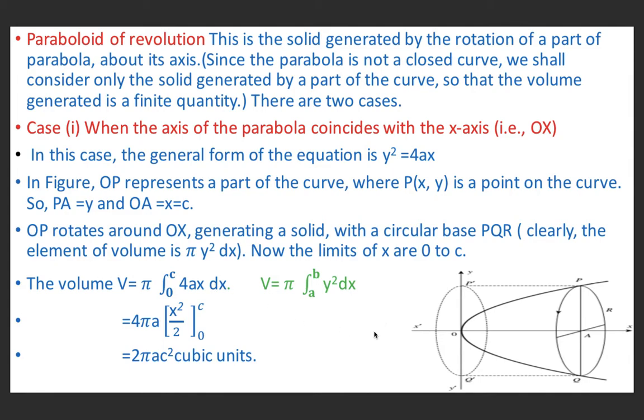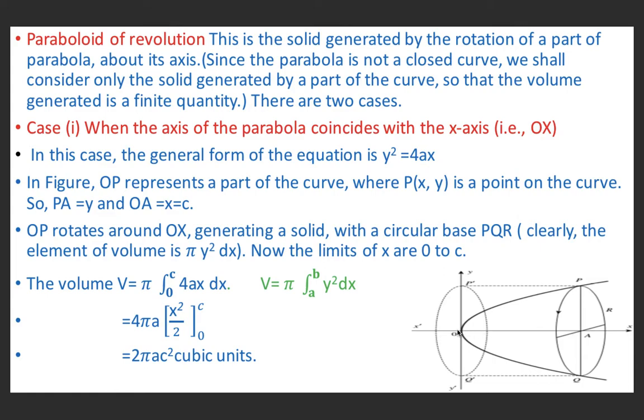So if OP rotates about OX, a solid is generated, which is nothing but a paraboloid with a circular base PQR. This is the circular base. Clearly, the element of revolution is pi y square dx.